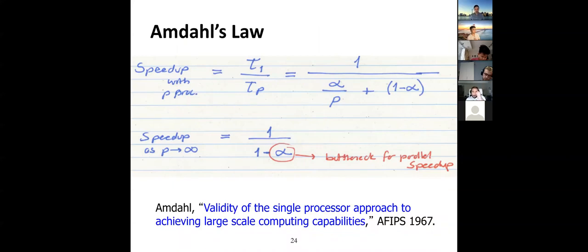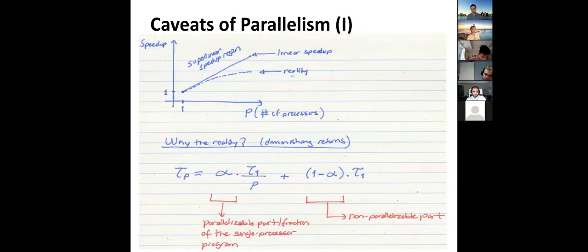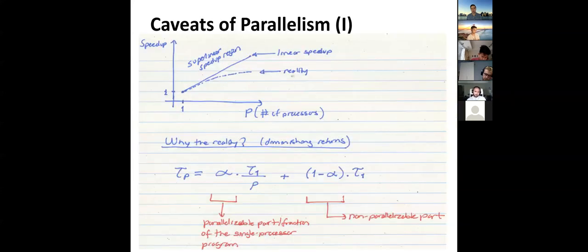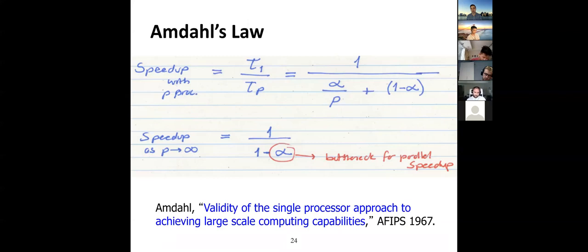So if we take that equation that I just wrote, which is very simple and intuitive, and convert it into a division, T1 divided by TP, that's exactly the speedup. Based on this equation, what we get is 1 over (alpha divided by P plus 1 minus alpha).